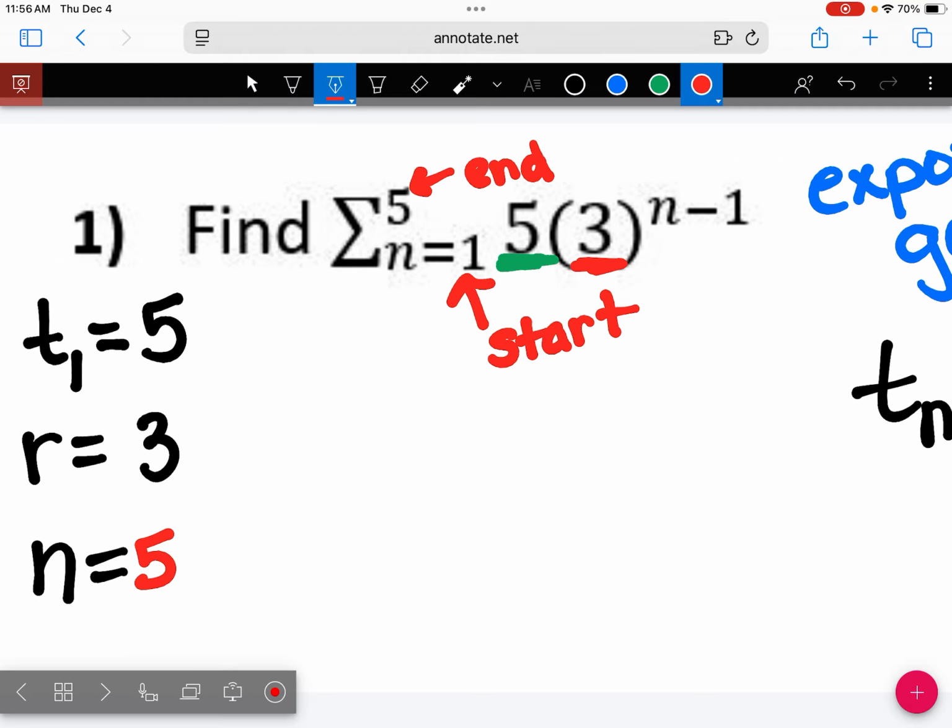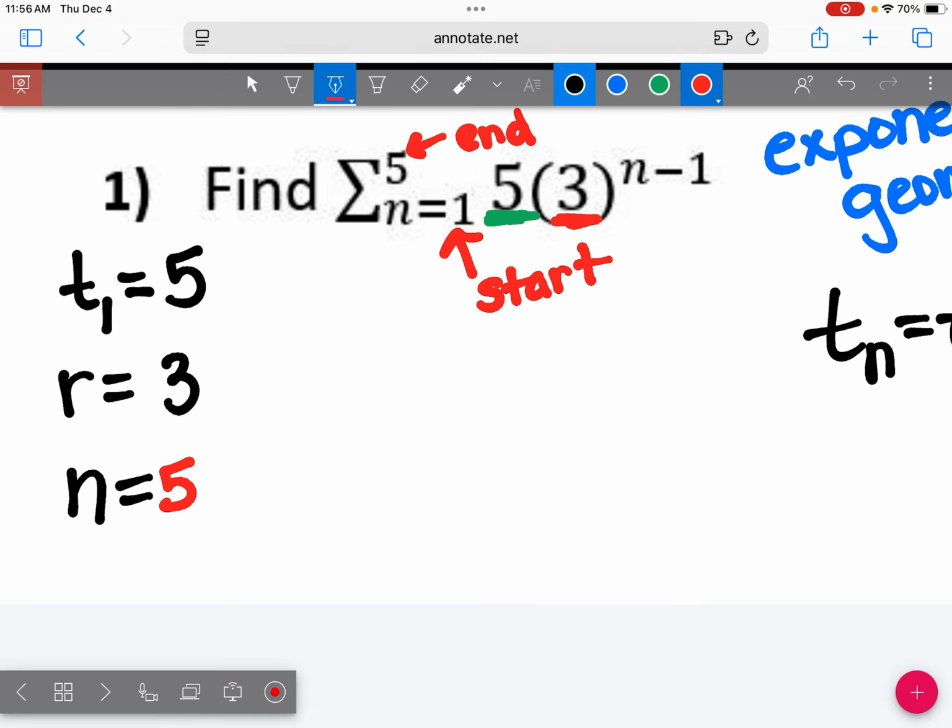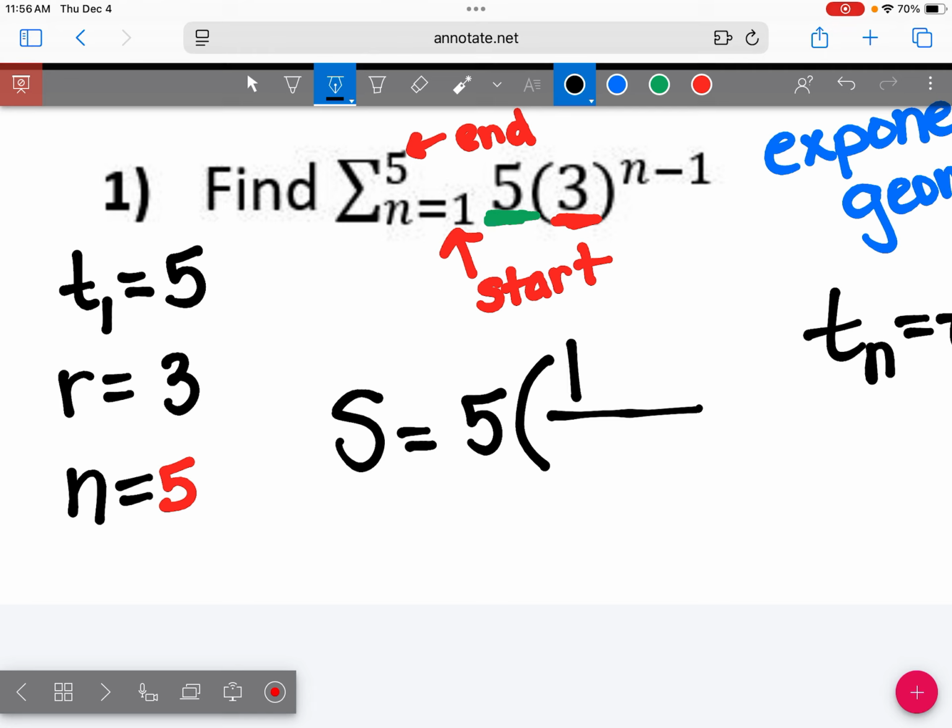So, all right, let's go ahead and do it. The sum is going to be 5 times, make your fraction bar, 1 minus r to the power of n over 1 minus r.